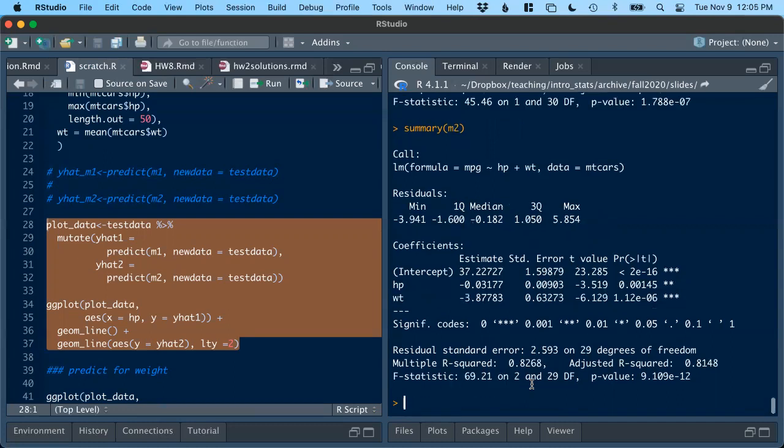Now let's look at what happens when we look at model 2. What's R squared now? Would we say we've improved the model fit? Quite dramatically. We went from 60% of the variation in miles per gallon explained to 83% of the variation in miles per gallon explained.